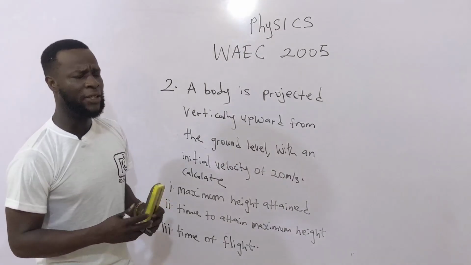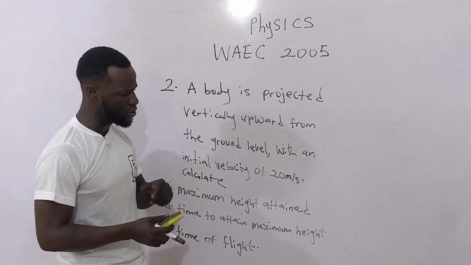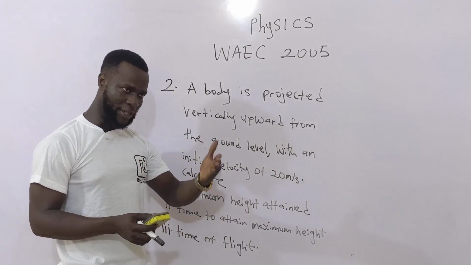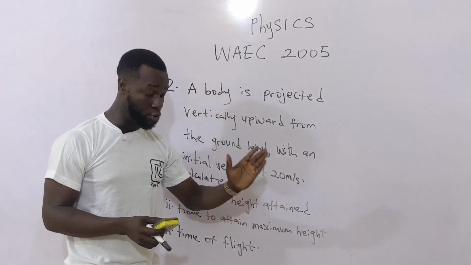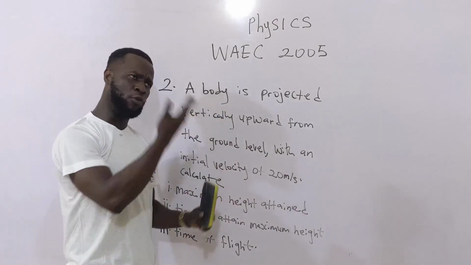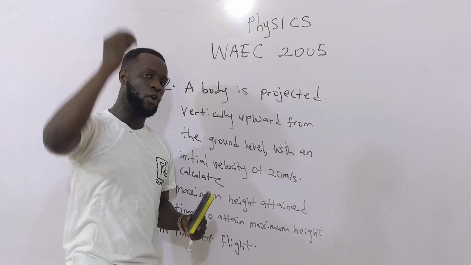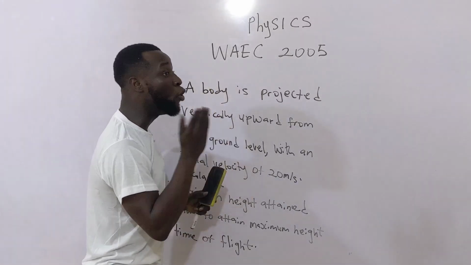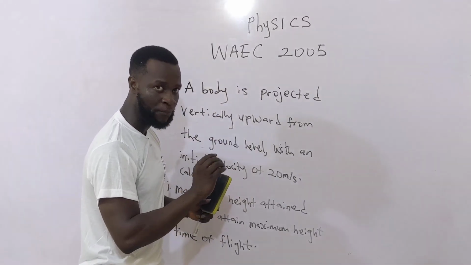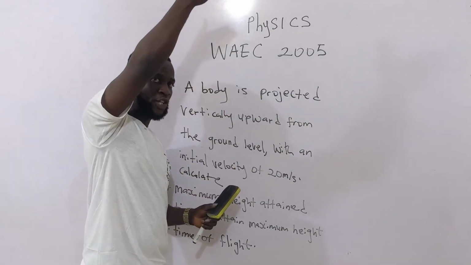Maximum height attained. In order to get the maximum height attained, the question is, what equation are we going to use? And to know what equation to use, we need to set out our parameters. Whenever a body is thrown vertically upward, you remember I told you that at maximum height, final velocity is equal to 0. But if it is thrown upward, it will always have an initial velocity, because that's why it's going up. But if it was to be dropped, then u is equal to 0.